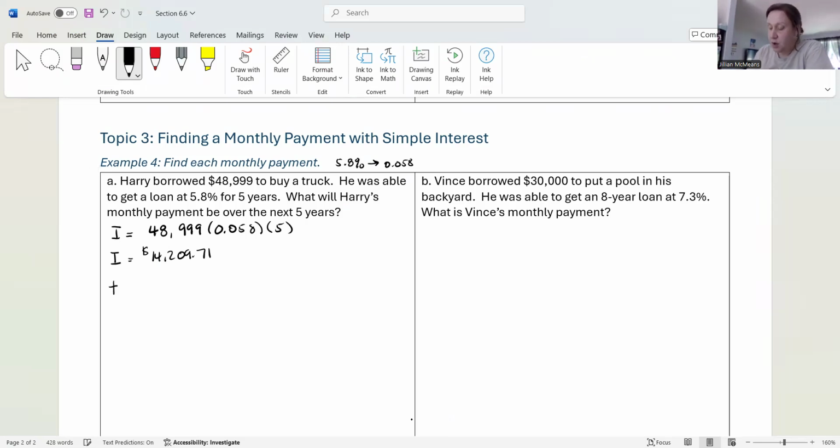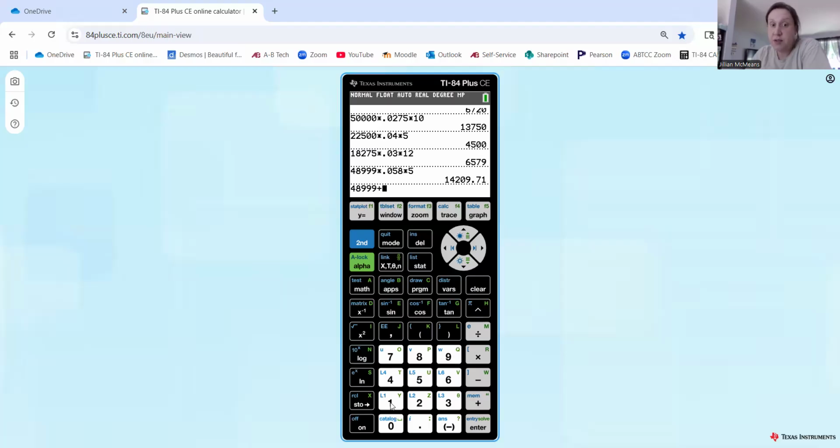So let's find the total loan amount. This is kind of like that future value idea. So the total loan amount is going to be the $48,999 plus $14,209.71. So back to the calculator we go. $48,999 plus $14,209.71.